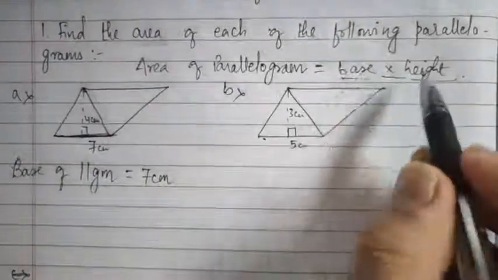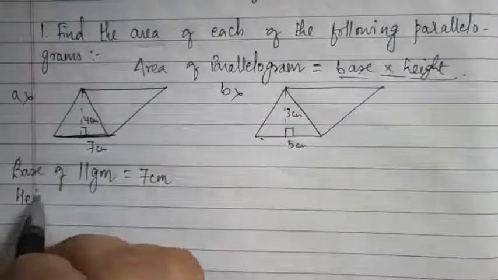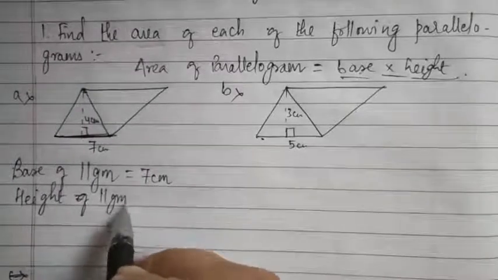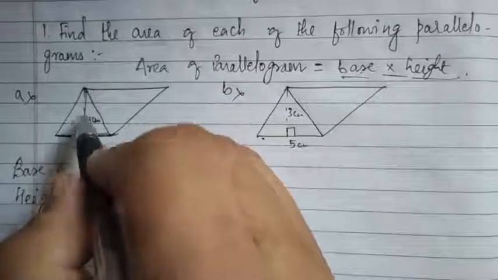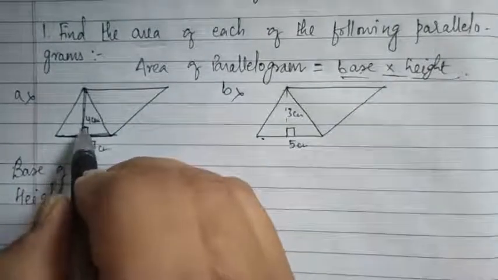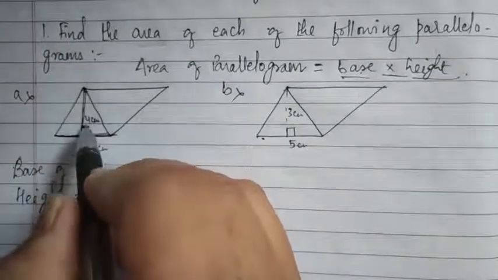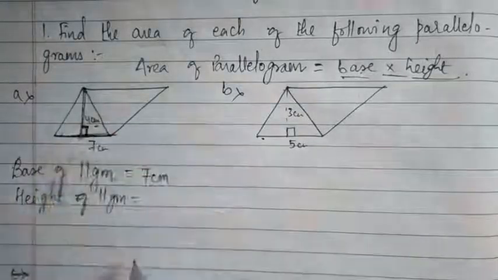So base you got, now height you need, right? H-E-I-G-H-T, height of parallelogram is equal to, of course height will stand straight, so perpendicular, wherever you see a perpendicular or 90-degree direction, so the length will be denoting your height.